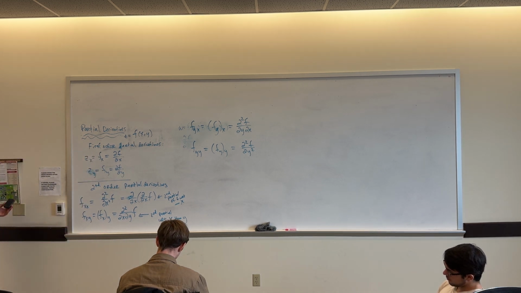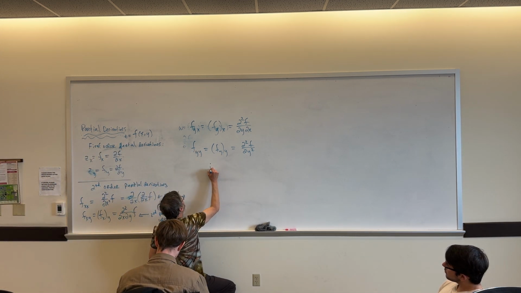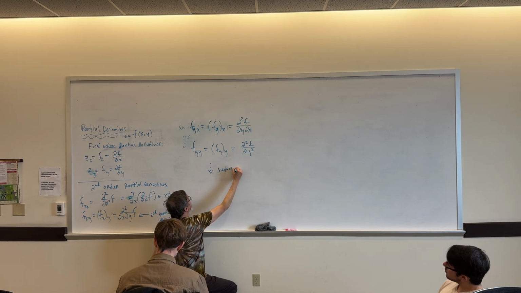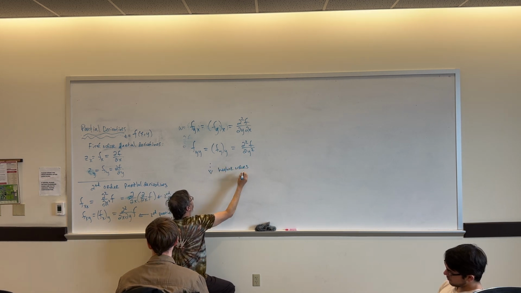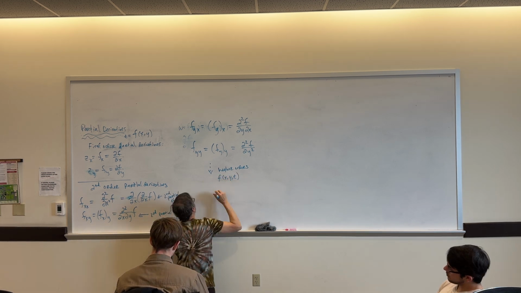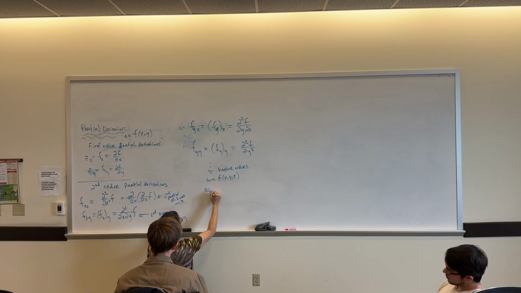Then if you wanted, you could keep doing this. You could go up. We're probably not gonna do it because there's not a lot of need, but notice you could go to higher orders. So let's say I had f of x, y, z, and let's call that w. Then I could talk about things like w_xxyxz.